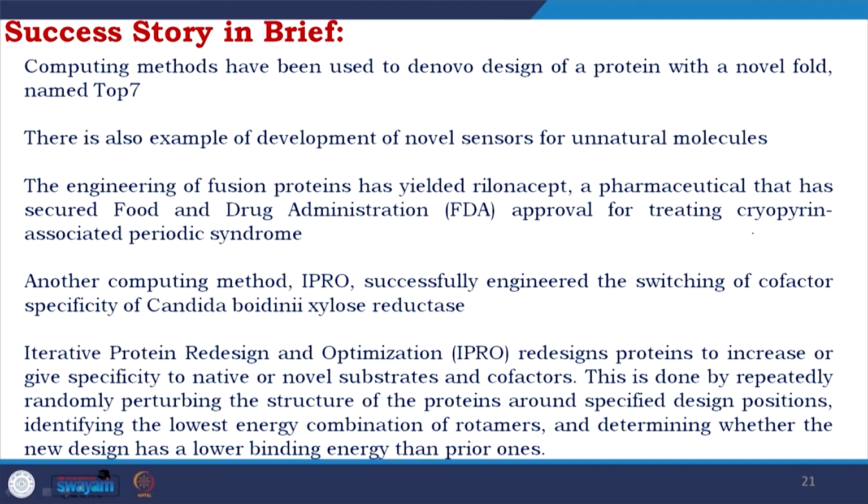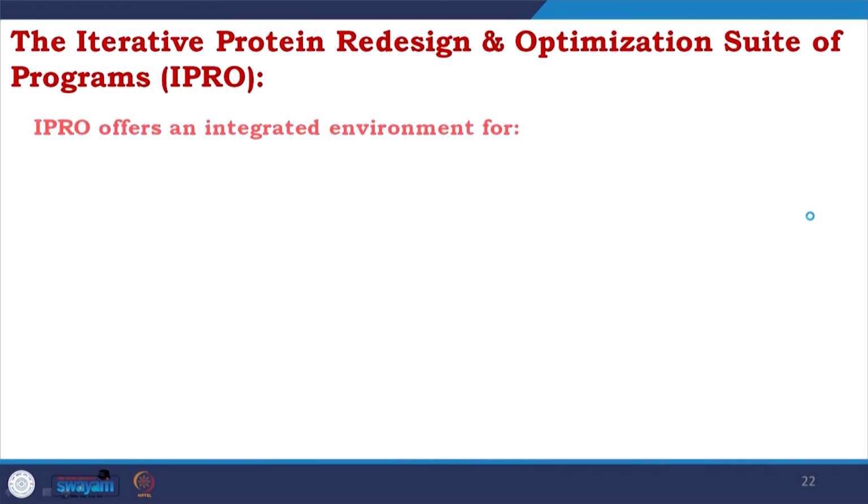Suppose you have this protein and this is where you think the residues are used for, so you call it the active site, let us say. Then you make variants in those positions, identify the lowest energy combination of rotamers of those amino acids and then determine whether the new design has a lower binding affinity or binding energy than the prior ones.